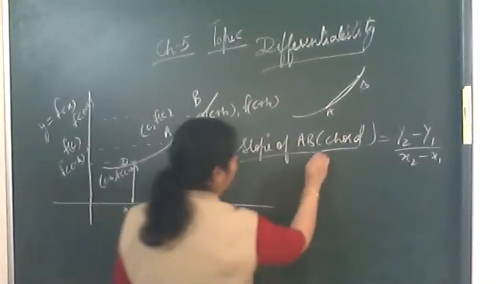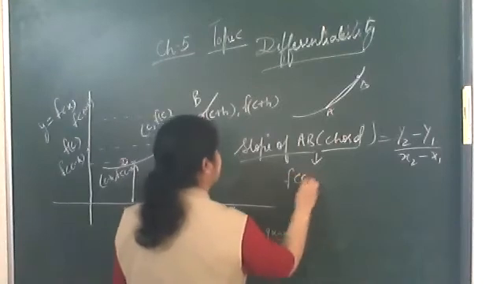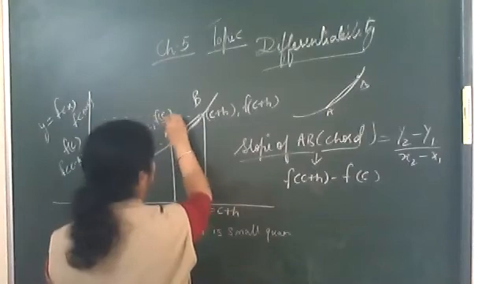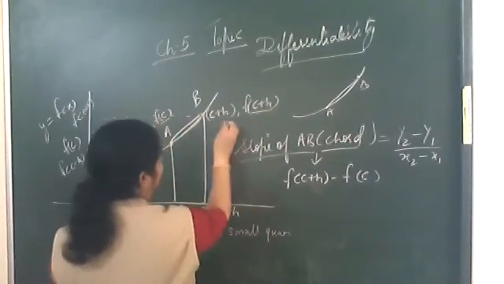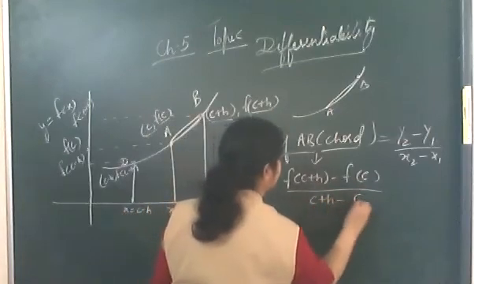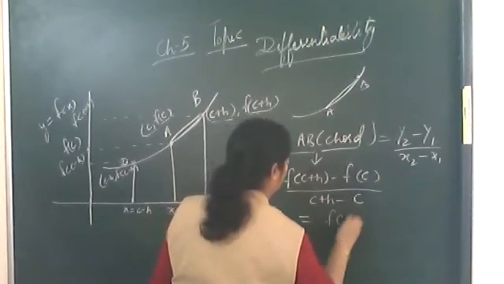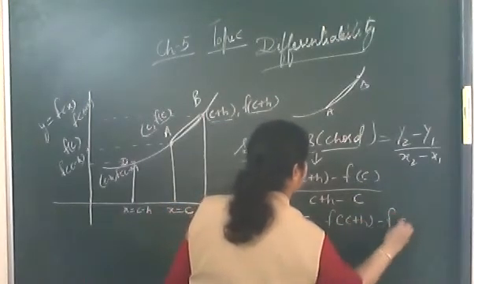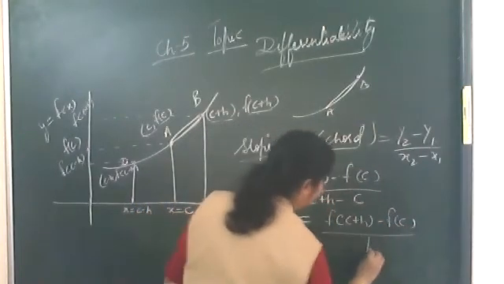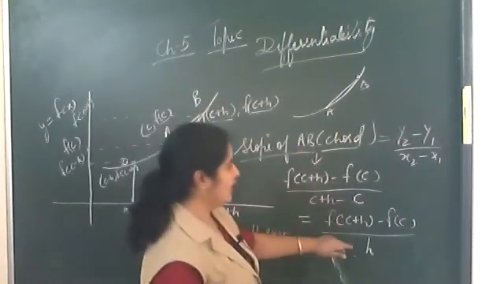So the slope of chord AB will be f of c plus h minus f of c upon c plus h minus c. The c is positive and negative, so it will get cancelled out. You will have h only. Clear? This is the slope of chord AB.